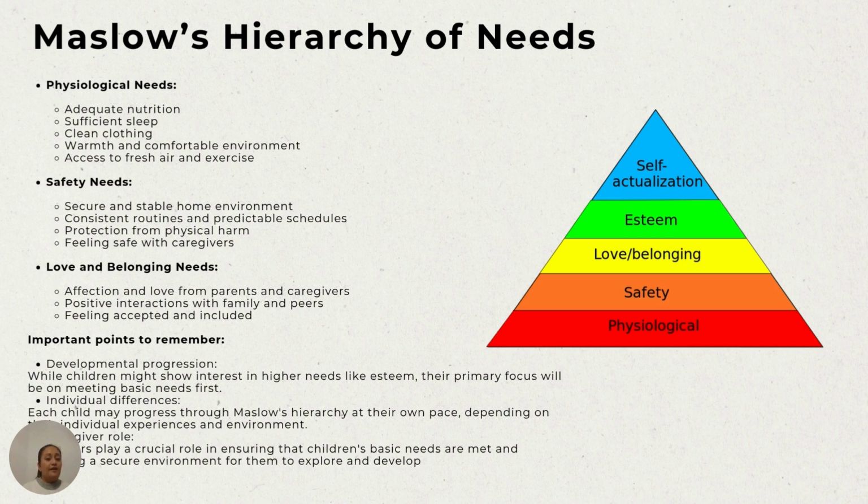This is where the child learns to move on to other higher needs and the learning takes place. When the child's physiological, safety, and love and belonging needs are met, the child can move to a next stage of learning where they can learn to develop esteem, self-esteem and ultimately self actualization.